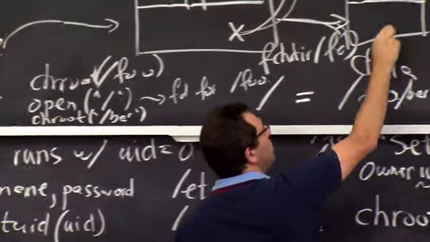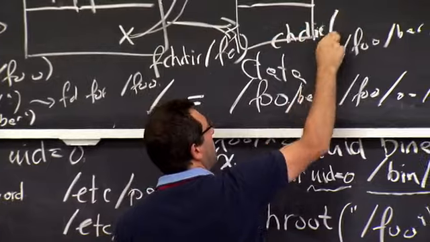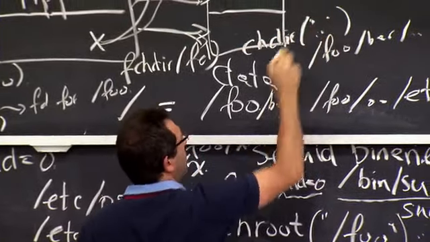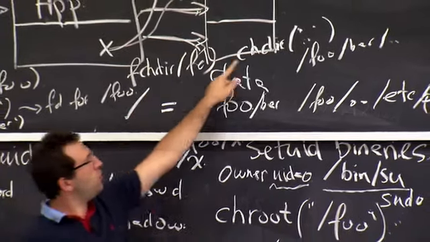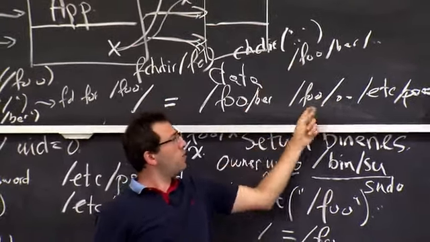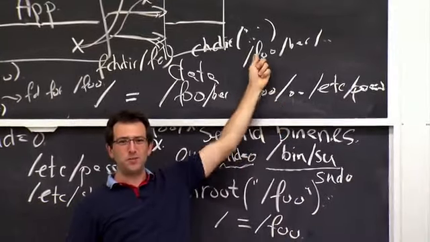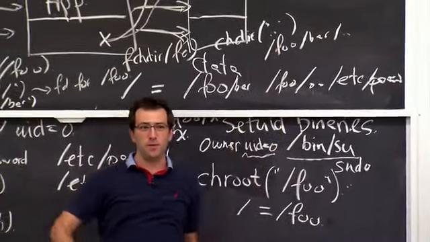And now you can chdir .. And at this point, you were in /foo. You go to .. from foo. It's no longer looped back to /foo itself because you now have a different root. And now you can escape.